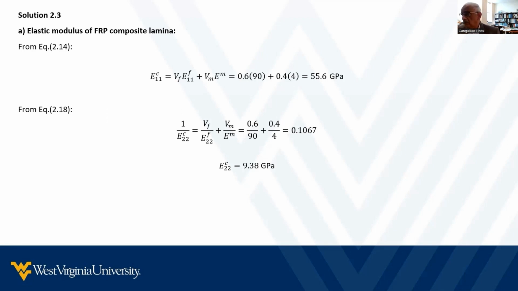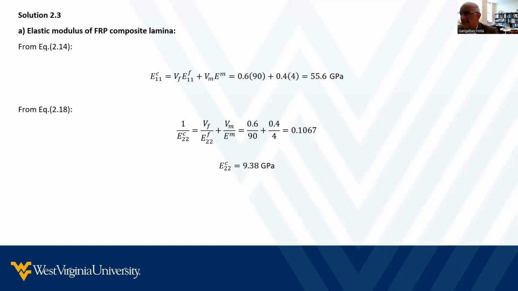All I have done was plug in the volume fraction of 0.6 for the fiber and fiber stiffness, which is about 90 GPa, added that to the volume fraction of the matrix, that's 0.4, multiplied with the modulus of the matrix, which is 4 GPa. So what you're finding is the longitudinal modulus that is about 55.6 GPa compared to 90 GPa for the fiber.